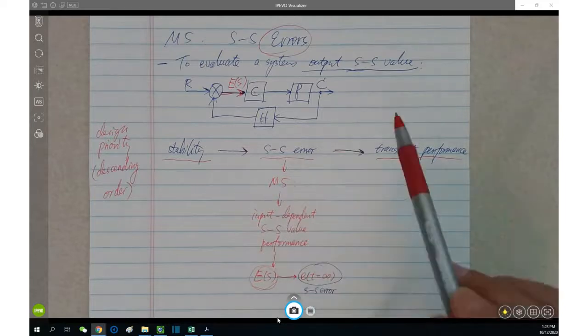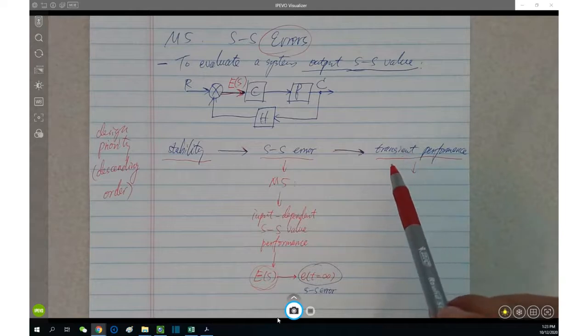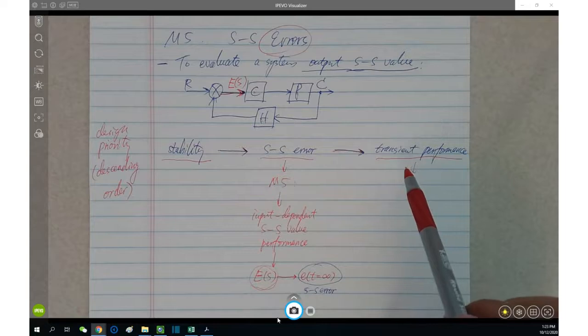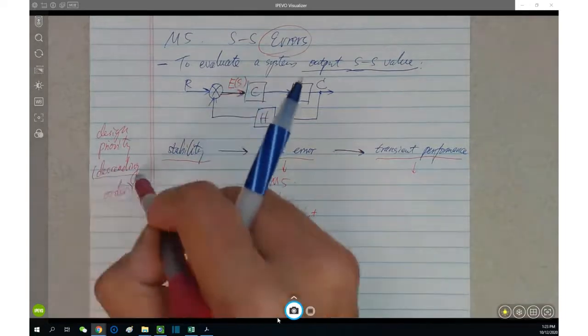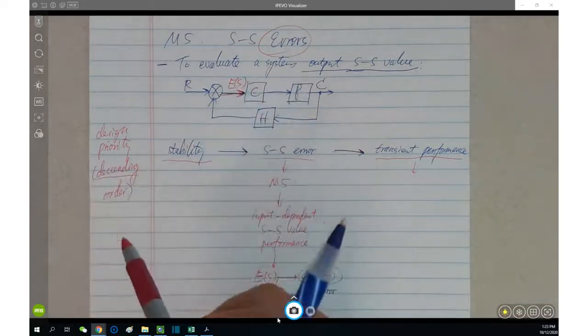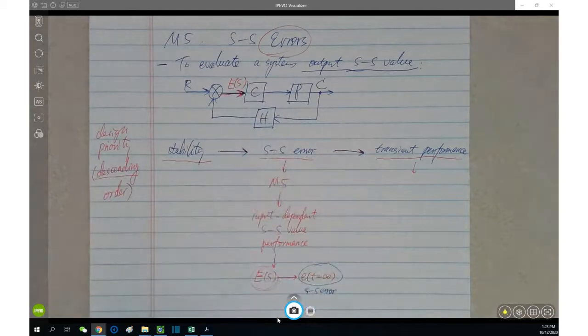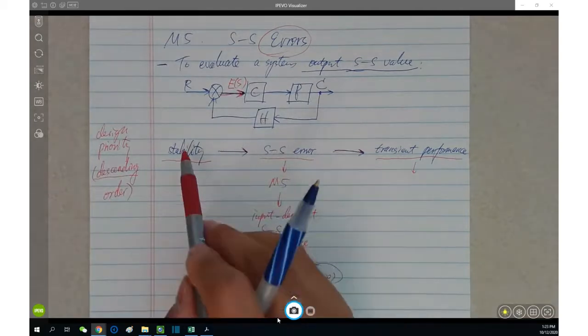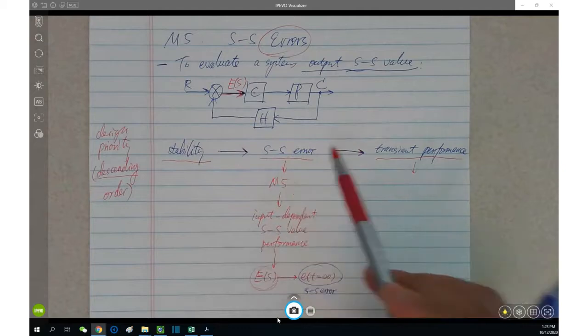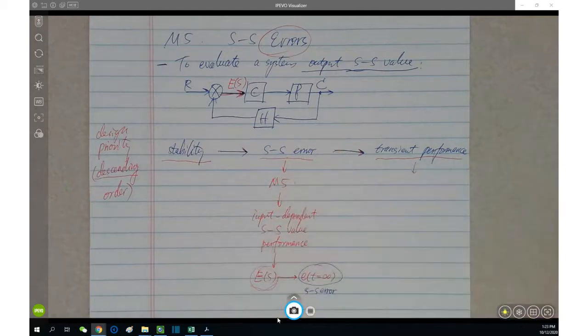Don't even think about the transient performance. It's meaningless. This is the so-called priority of design in descending order. Most important thing, second one, last consideration.